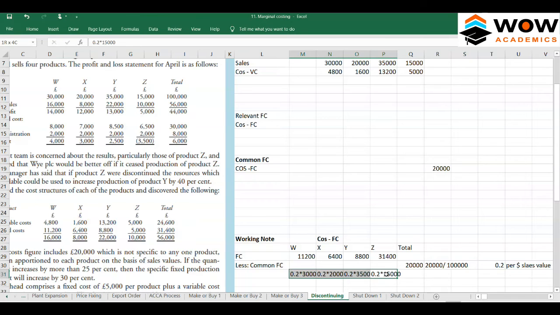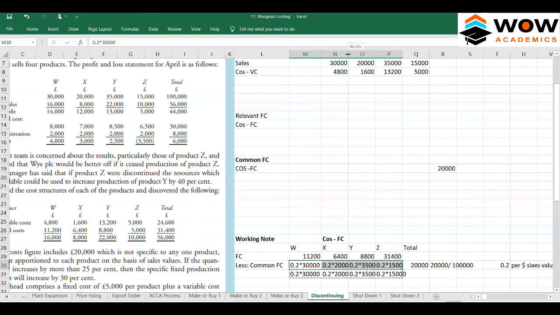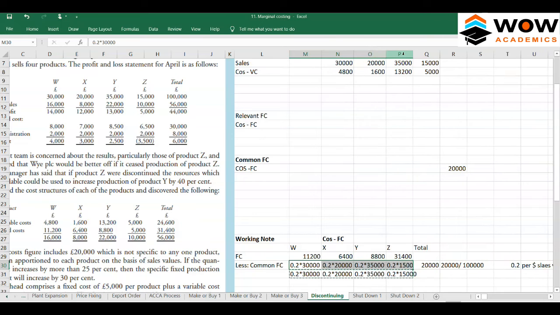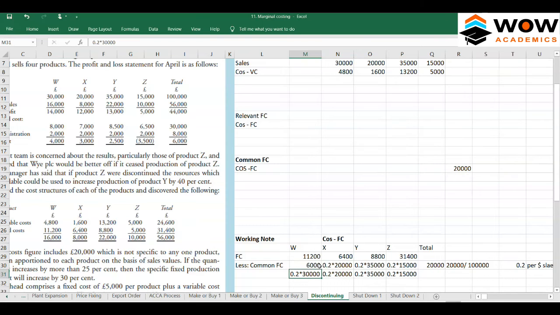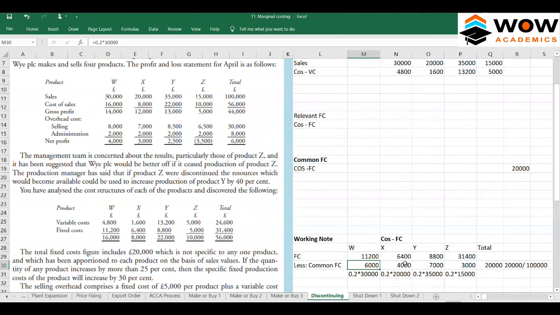Copy all of that and paste it here. When you add, it has to come to 20,000.